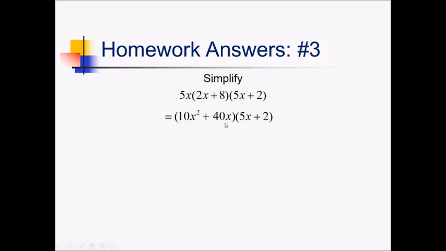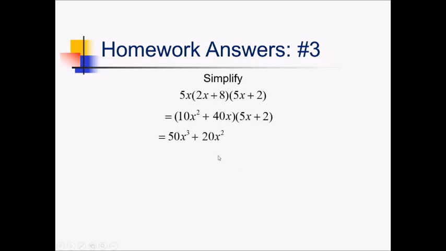All right, so now we're going to distribute these 2 parentheses together by using FOIL. So basically 10x squared times both things over here, and then 40x times this whole second parentheses. So let's start with 10x squared times 5x. That's going to be 50x to the 2 plus 1 using my exponent rules. So that's 50x cubed. And then we have 10x squared times 2.